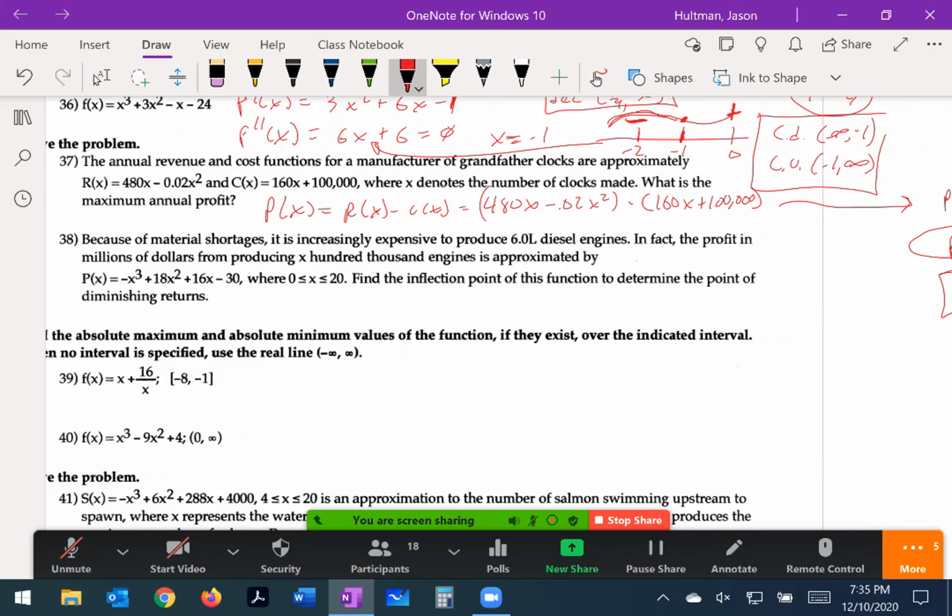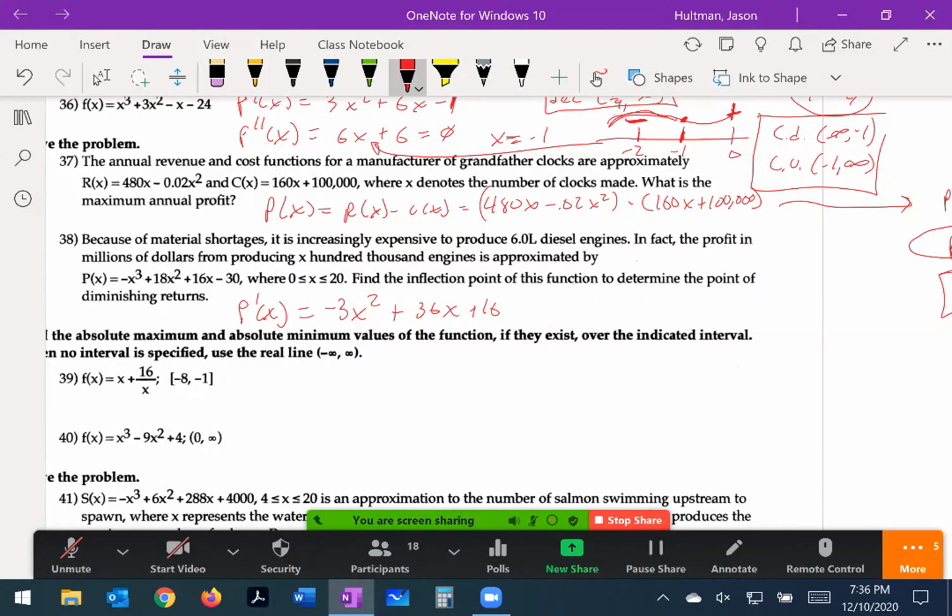Okay, so we need to take the second derivative of this thing. Well, let's look at the first derivative. The first derivative is negative 3x squared plus 18 times 2, that's 36x plus 16. Okay, so that's the first derivative.